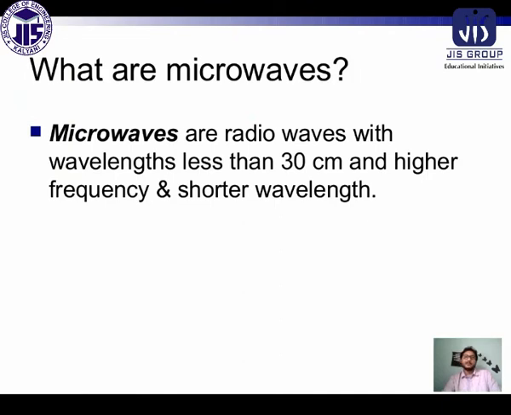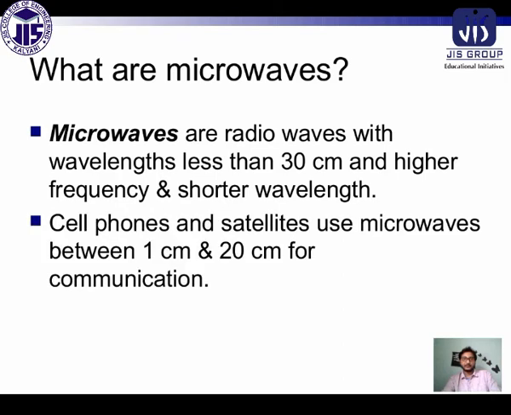Okay, now comes to microwaves. Microwaves are basically radio waves with a wavelength less than 30 centimeters and higher frequency. So from radio waves, if we shift to slightly smaller wavelengths, less than 30 centimeters, they are called microwaves.